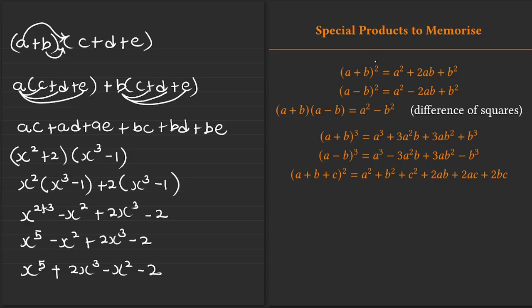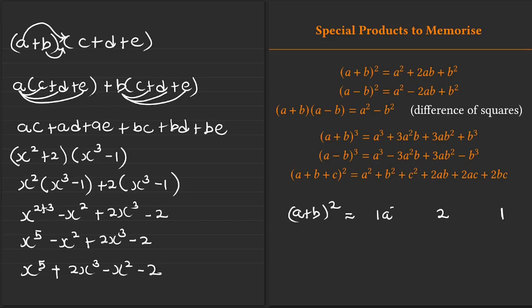For a plus b all squared, there is no need trying to open up your brackets. You can simply use your Pascal's triangle where you have the coefficients, because the order is 2. So we have 1, 2, and then 1. And then we rearrange our terms.